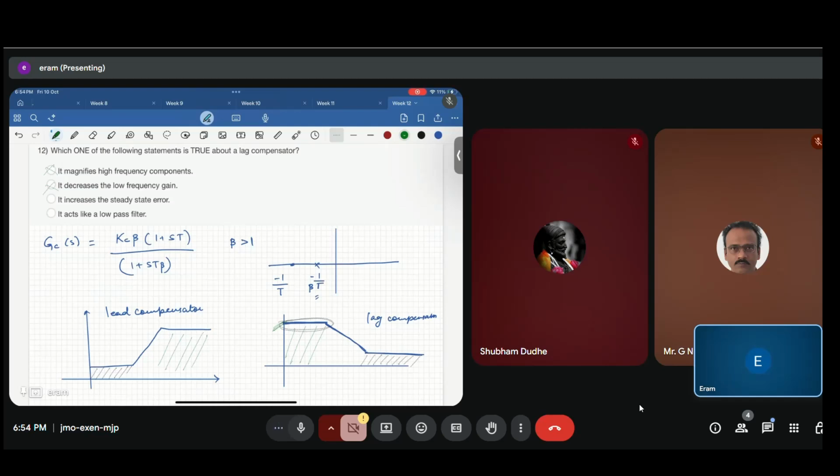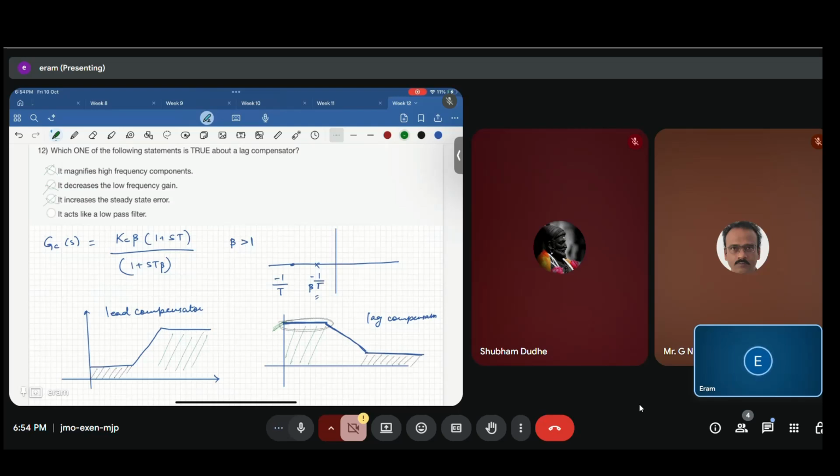That is, the steady state error is 1 divided by 1 plus Kp, or 1 divided by Kv. So the higher the gain, the lower the steady state error. From here we can conclude that since the gain is increasing, the steady state error will decrease, but here it says that it increases the steady state error.